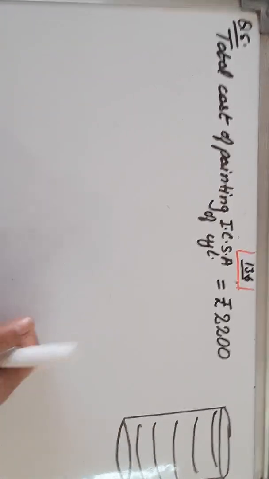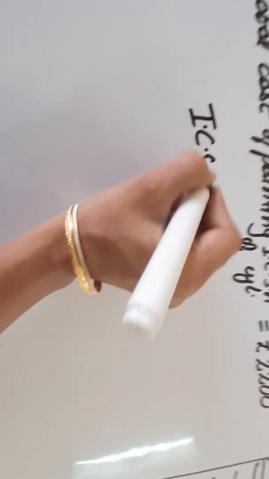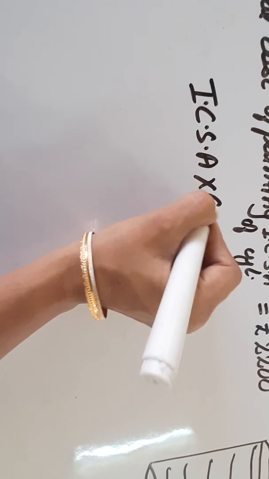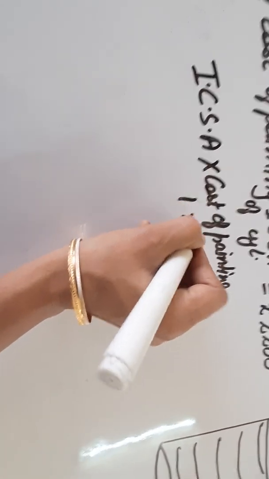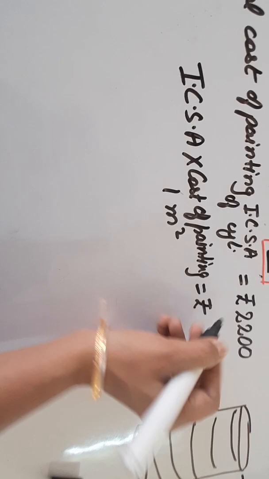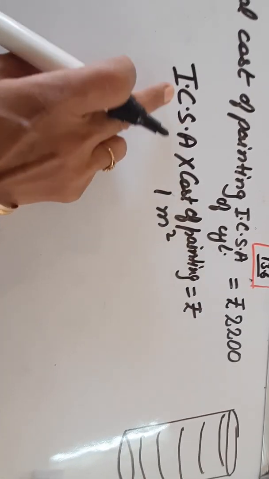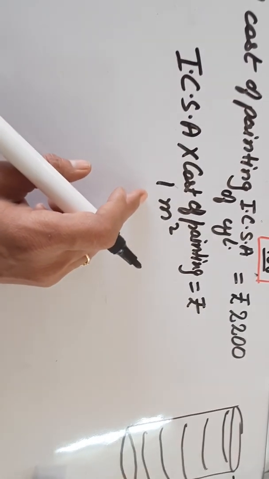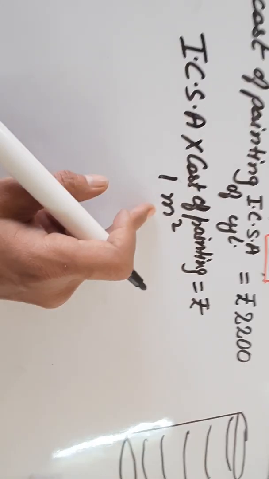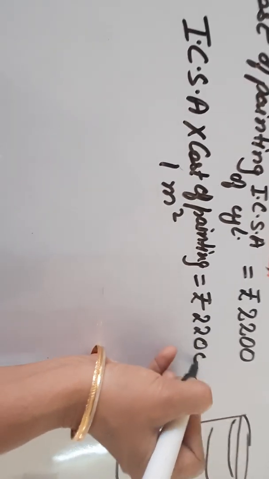Inner curved surface area multiplied by cost of painting 1 meter square. That will give us like cost of 1 chocolate multiplied by number of chocolates. There are 50 chocolates, the cost of one is 50 rupees, so how much will you pay? 50 into 50? Yeah, 2,500.